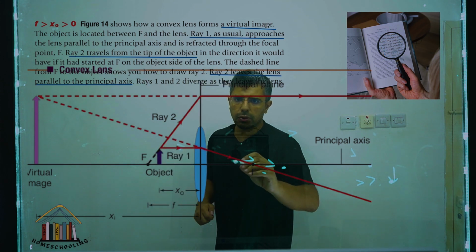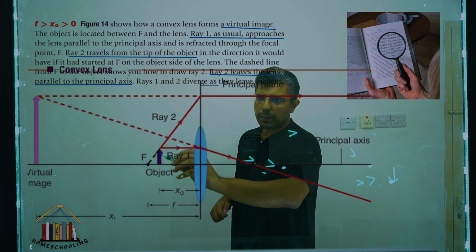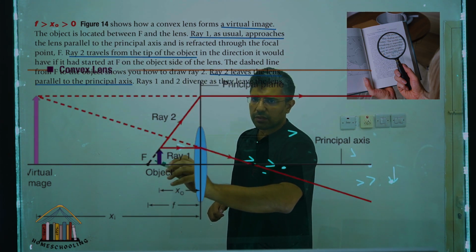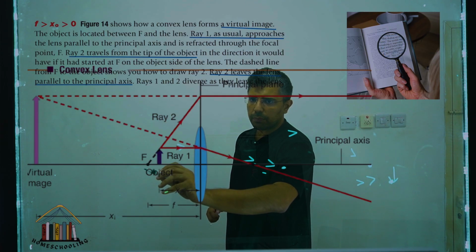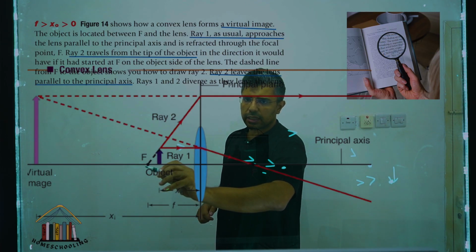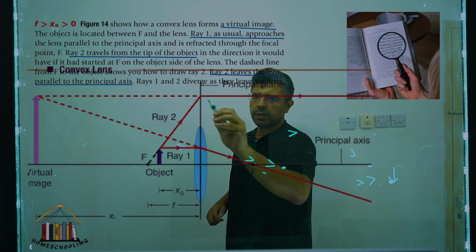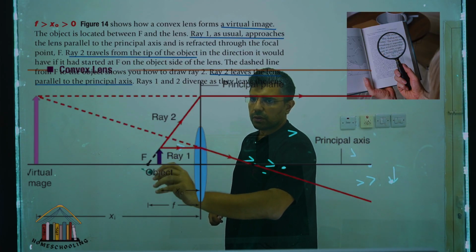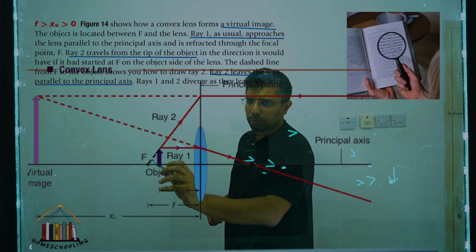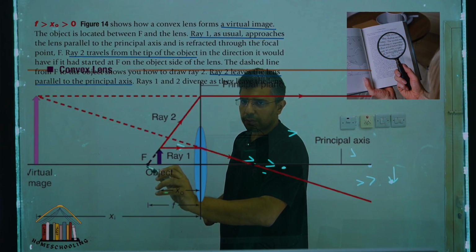What about ray 2? Look at that. Ray 2 seems to be coming from point F, the focal point. Remember, ray 2 is from the focal point and then goes parallel to the principal axis. It pretends to come from the focal point, that's why we put a pointing line here.